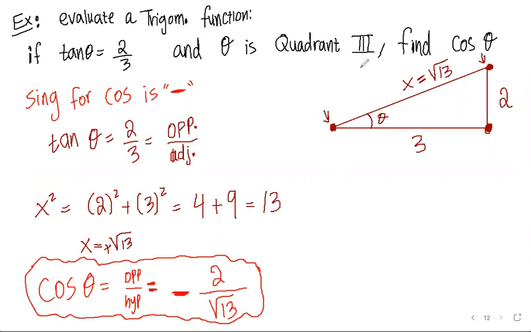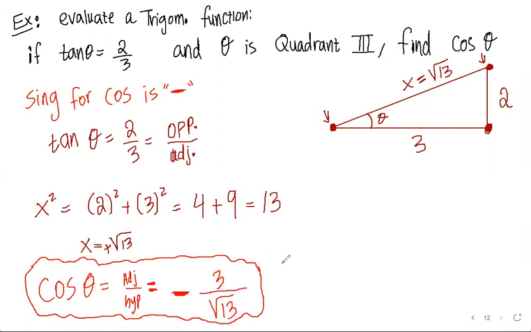Isn't cosine adjacent over hypotenuse? The cosine is opposite, oh, okay. Yeah, sorry. So the cosine is adjacent over hypotenuse. So here the adjacent is 3, so 3 over the square root of 13.